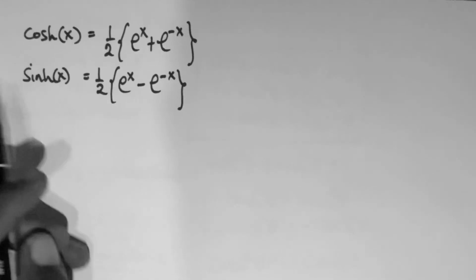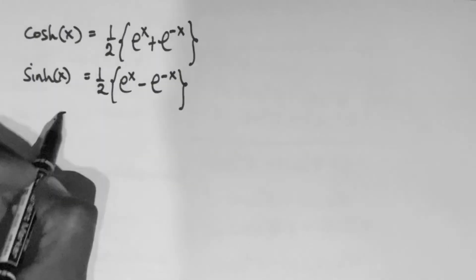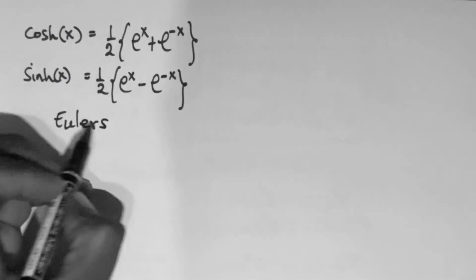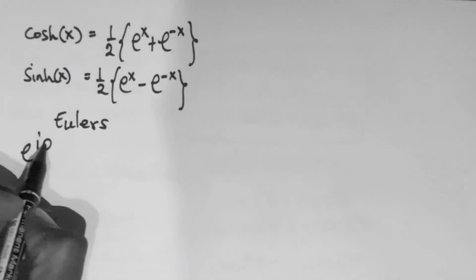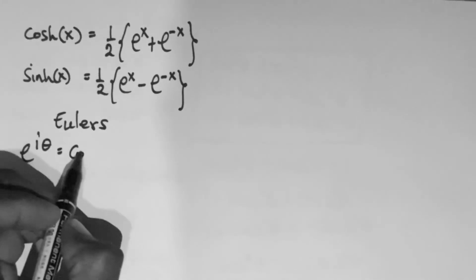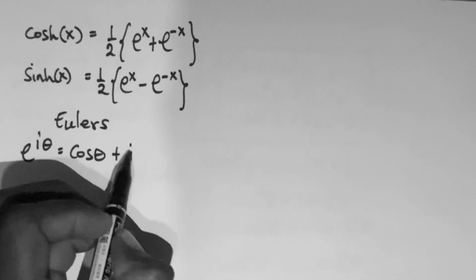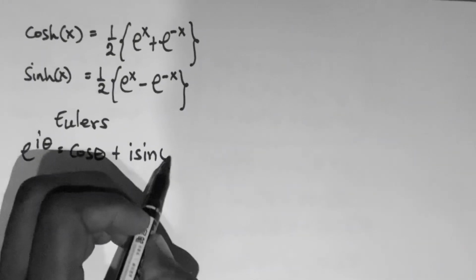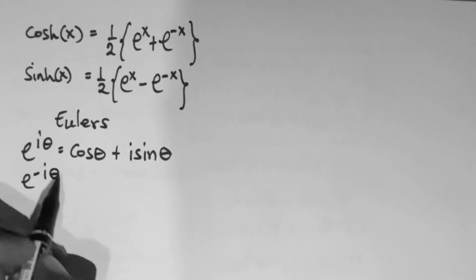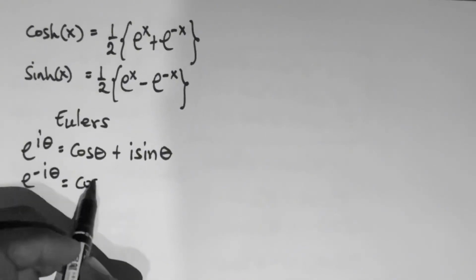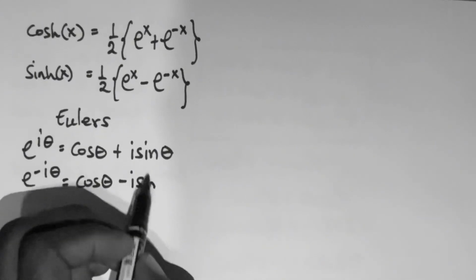So having given these definitions, let's remember Euler's law. What does Euler's law state? Euler's law states that exponent i theta equals cos theta plus i sine theta. And then also exponent minus i theta equals cos theta minus i sine theta.